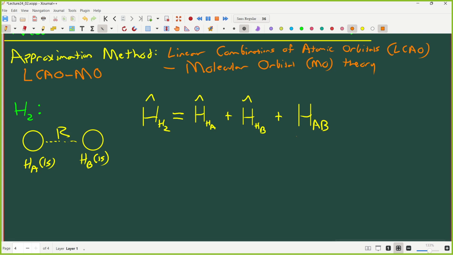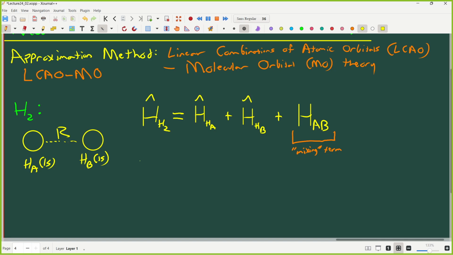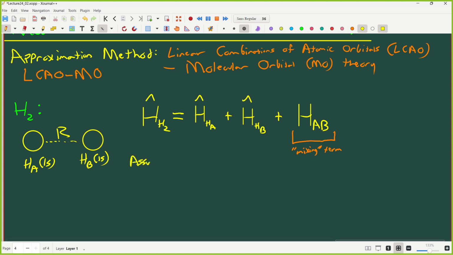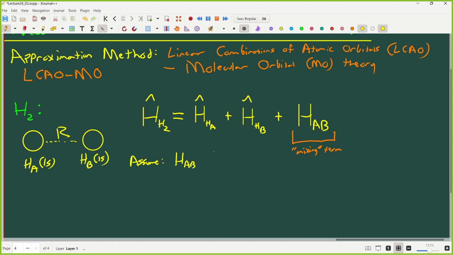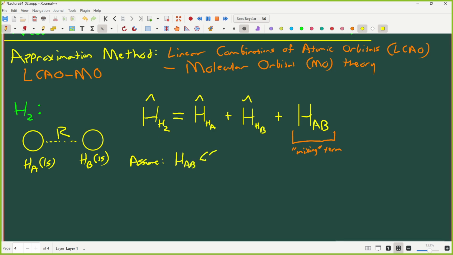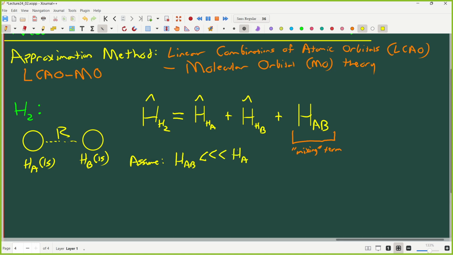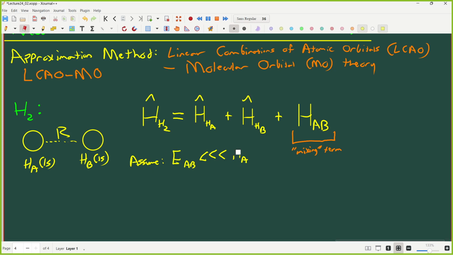There are different names for this, but we'll just call it the mixing term. And we're going to assume that the value of HAB, basically the energy of it, is much, much smaller than the sum of the energies. So let me write it like this: EAB is much, much smaller than EA plus EB.